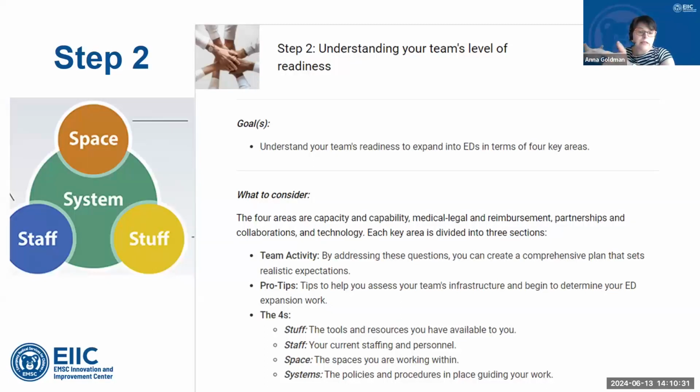And then space. Do we have space for people to work? Or do we have the structures, meaning advisors on our advisory committees, who can help us with this work? And if the answer is we don't, please contact us.